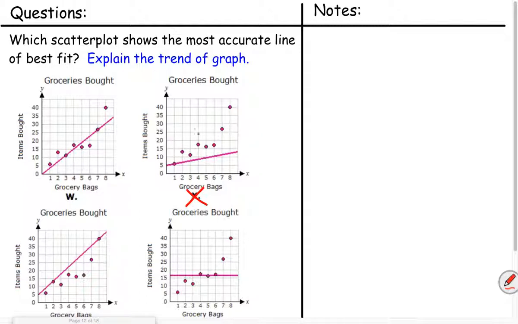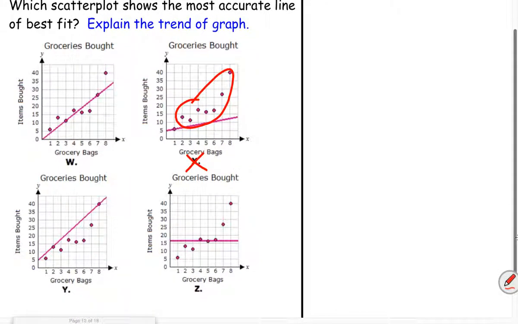So I would say that that one is not the most accurate line of best fit. When you have all of these dots that didn't fall near the line, that's not a great line of best fit. All right, let's look down here at letter Z now. Letter Z has a few dots right here that fall on the line, but all of these here and these up here aren't anywhere near the line, so I would say that's not a great one.